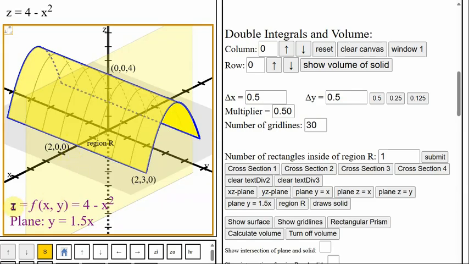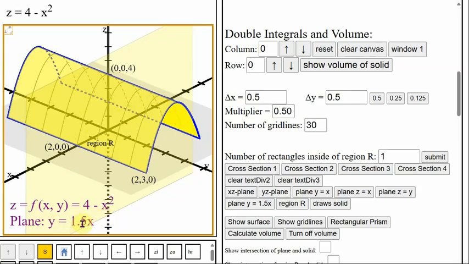And to draw this graph, what we can do is draw the function z equal to 4 minus x squared on the xz plane, and then from here extend it along the y-axis this way and also this way, and then we get this surface for z equal to 4 minus x squared.